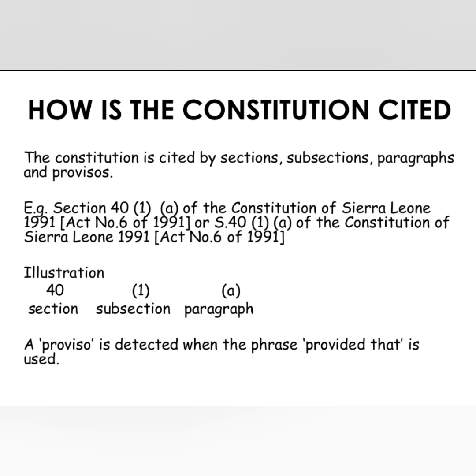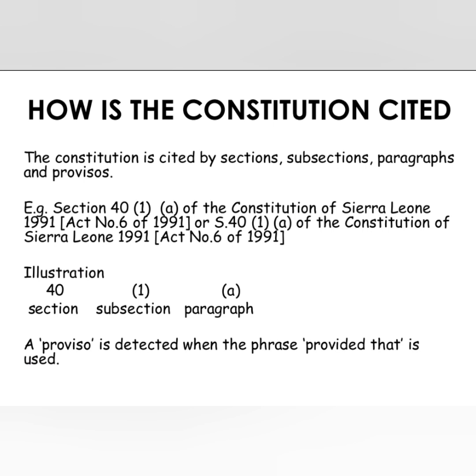Now, how is a constitution cited? The constitution is cited by sections, subsections, paragraphs, and provisions. For example, section 40, subsection 1, paragraph A of the Constitution establishes the office of the President.